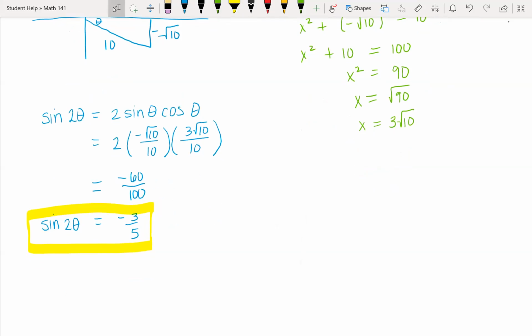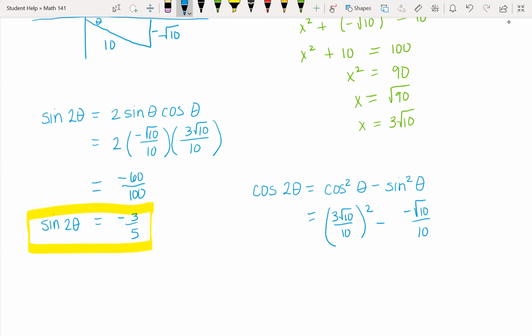For the cosine of 2 times theta, we'll use cosine squared theta minus sine squared theta. So we'll take those same values we had before. We'll do 3 root 10 over 10 squared minus negative root 10 over 10, the quantity squared.